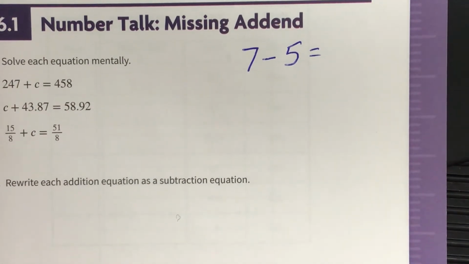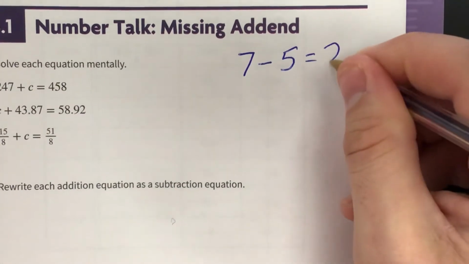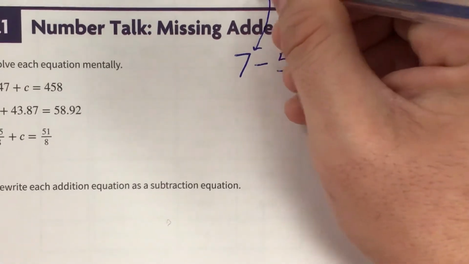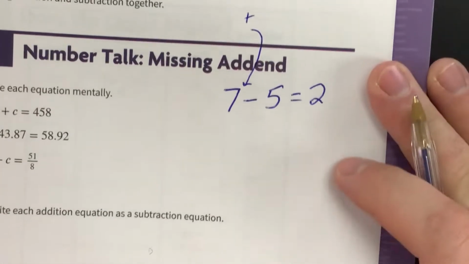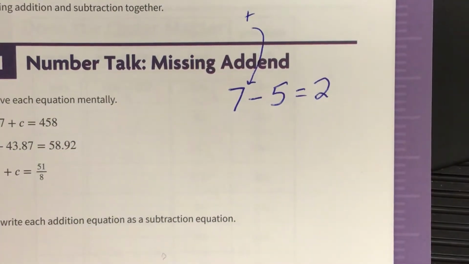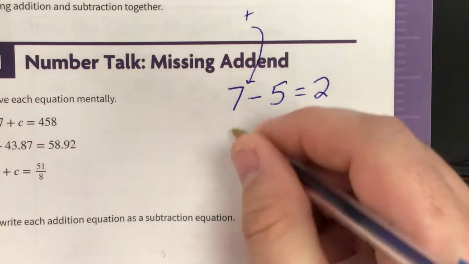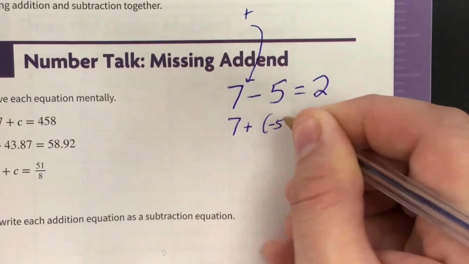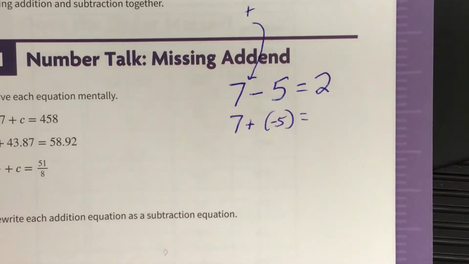My answer would be 2. That is the same as, if you ever have subtraction, you can always slide a plus sign in between the first number and the subtraction sign. That is the same as 7 plus, and then a subtraction just goes to the negative 5.